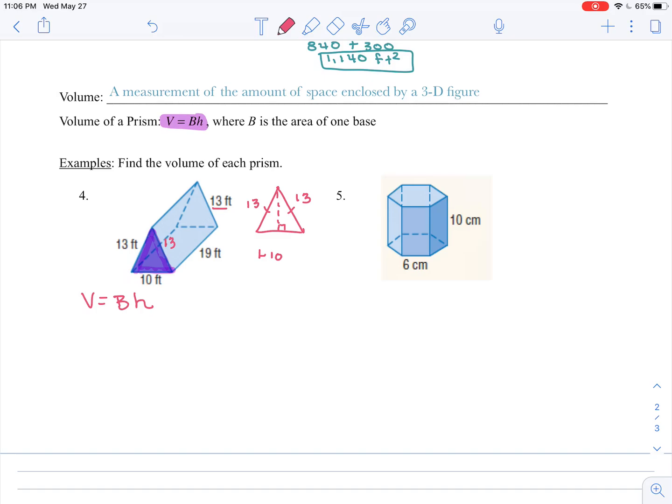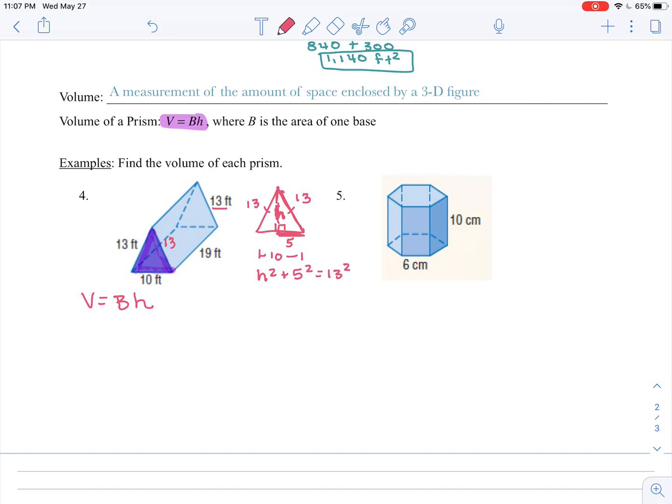So when I draw a height for an isosceles triangle, it cuts the base in half. So if I look at just the right triangle I create with our height, the bottom of the right triangle is 5 units. So I can find the height, let's label that h, using Pythagorean theorem.